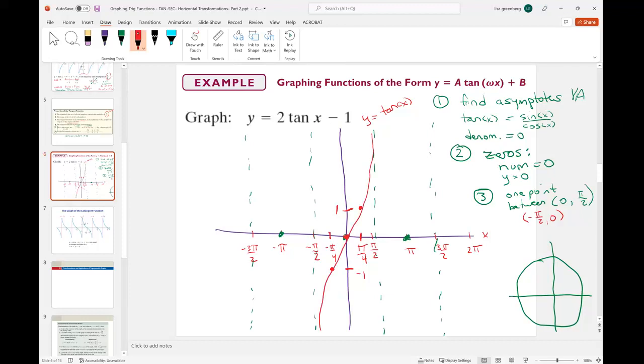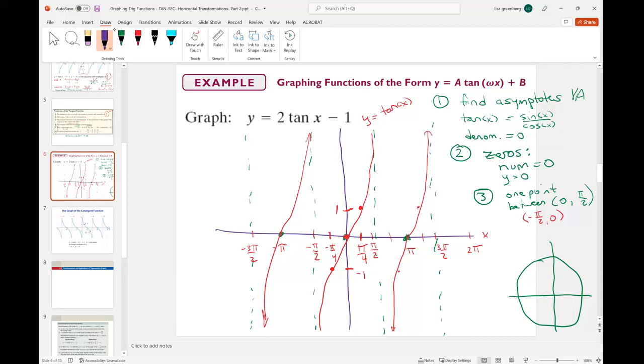The same thing is true here. We're going to have the same exact situation happening, and it's going to keep repeating everywhere. I know this isn't a beautiful graph, but let's just call it tangent. Now we have our tangent graph, and then we want to do our transformations.